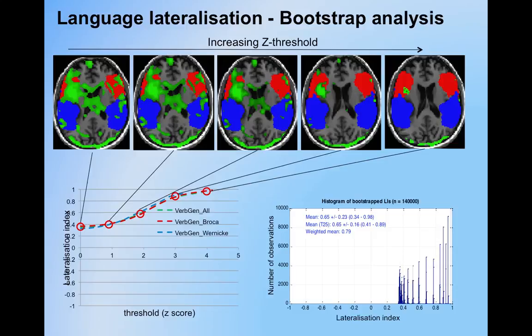And what we do here is that rather than counting all of the voxels in these regions, we just randomly select, say, 1,000 voxels. We take 1,000 voxels from this side and we take 1,000 voxels from this side. And then we sum together all of the activated voxels and we work out a lateralisation index for those 1,000 randomly selected voxels.